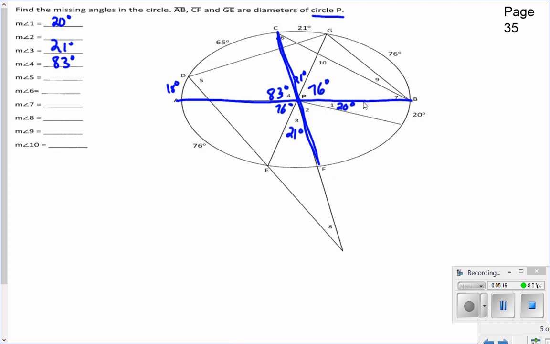Well, that's angles 1 and 2 combined. Okay, so 83 degrees is a vertical angle with 1 and 2 combined, because I extended those lines and I can see that that's where the vertical angles are. So I'm going to go ahead and subtract 83 minus 20 to get the vertical angle here, which is going to be 63, which is angle 2.